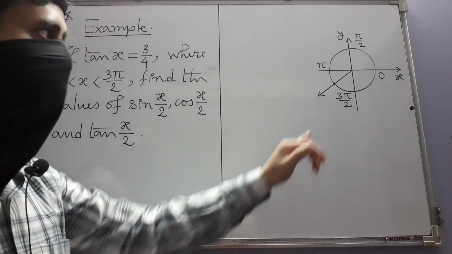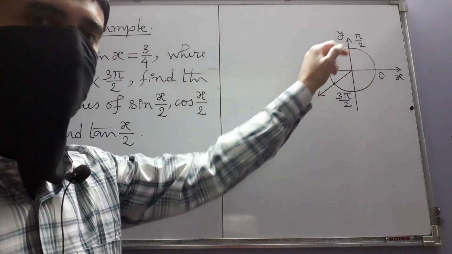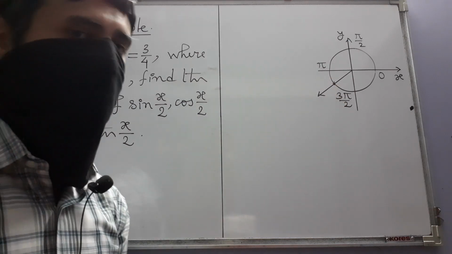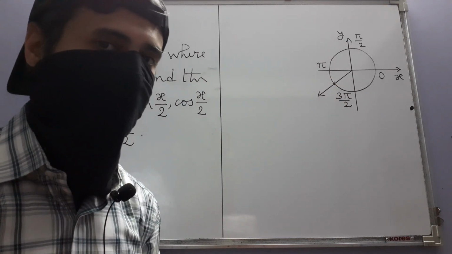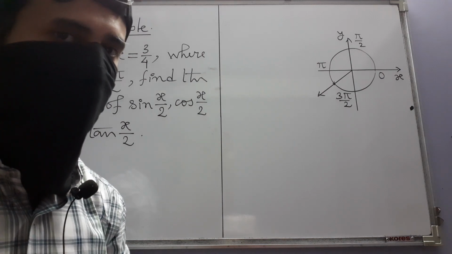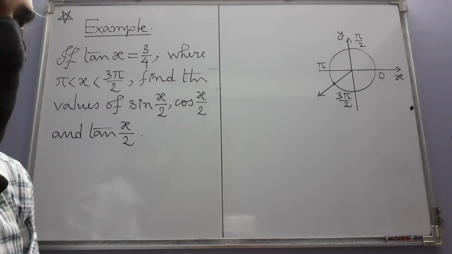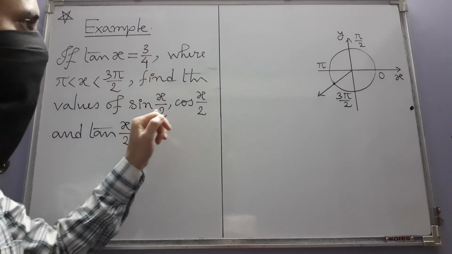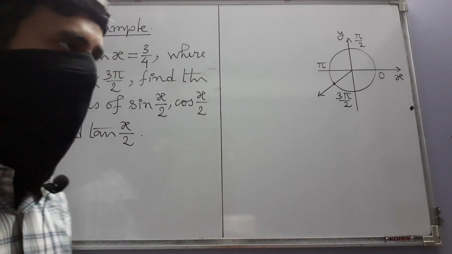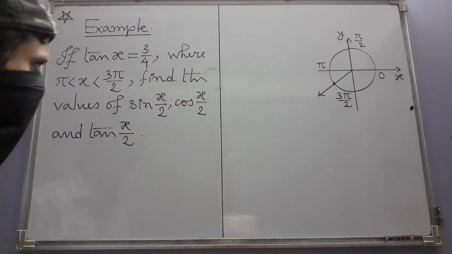So this is the point of intersection of the terminal ray with the unit circle, and both the x and y coordinates of this point are negative, and that's why sin x and cos x are both negative. Tan, however, is positive because tan is the ratio of sin and cos. So if both of them are negative, then it is positive, which you can see also.